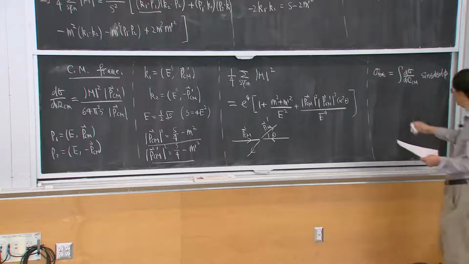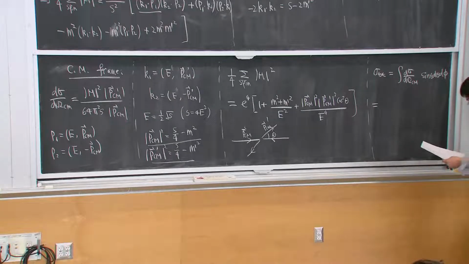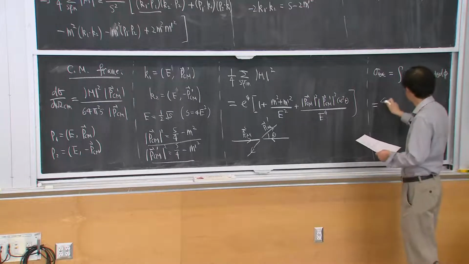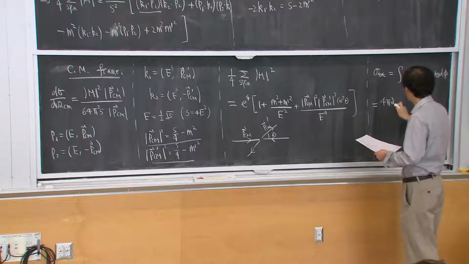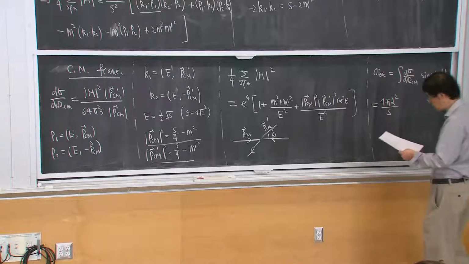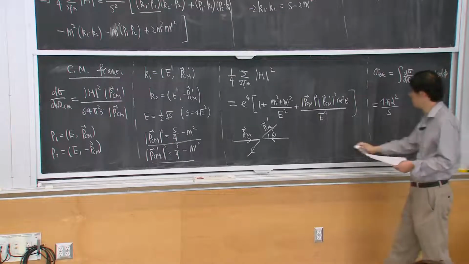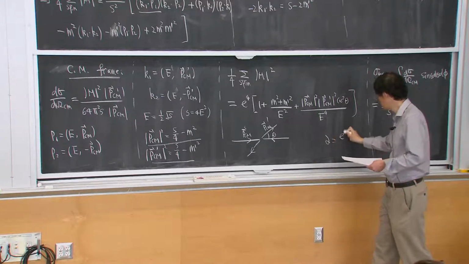So again, let me just write down the final answer. In the end, you get 4 pi alpha squared divided by 3S. The alpha is the fine structure constant, alpha is e squared divided by 4 pi.